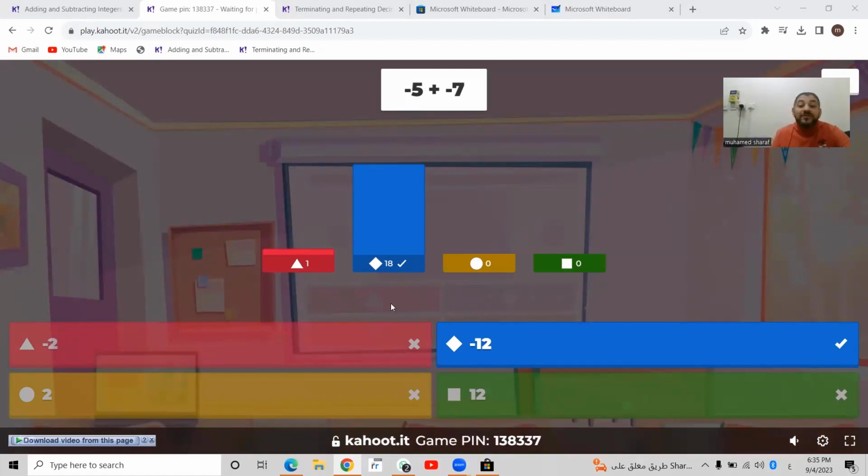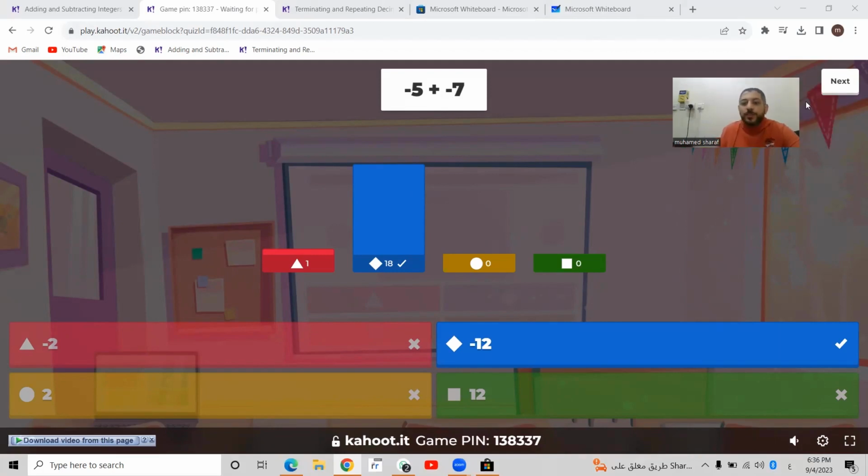Okay, so we have just one mistake. Guys, 18 correct answers. Negative and negative is gonna be negative. So it's -5 minus 7. It's -12. Excellent, guys.